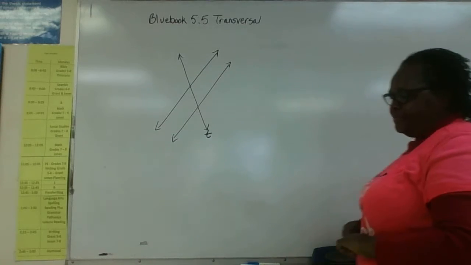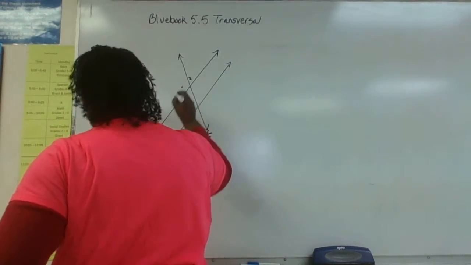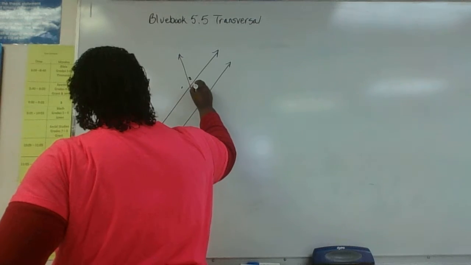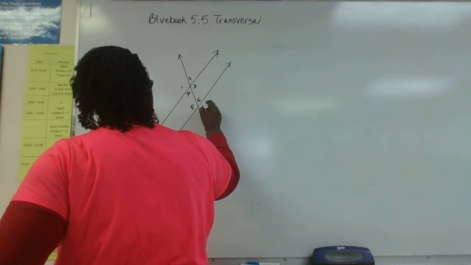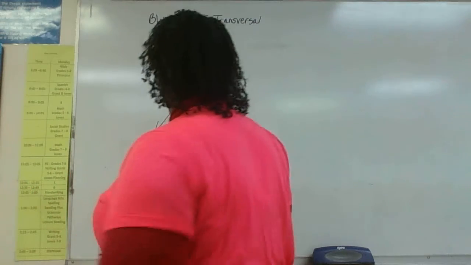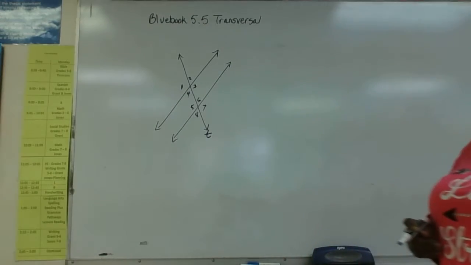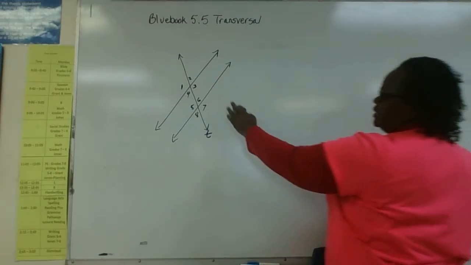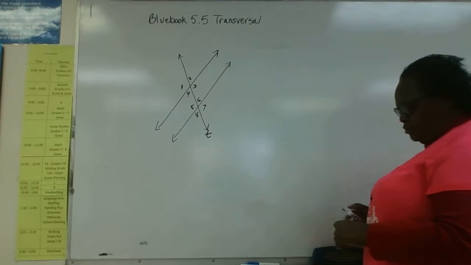Let's take a look at it. I'm going to number them: 1, 2, 3, 4, 5, 6, 7, and 8. Now, once again, we've already learned that when two lines intersect, they form vertical angles.